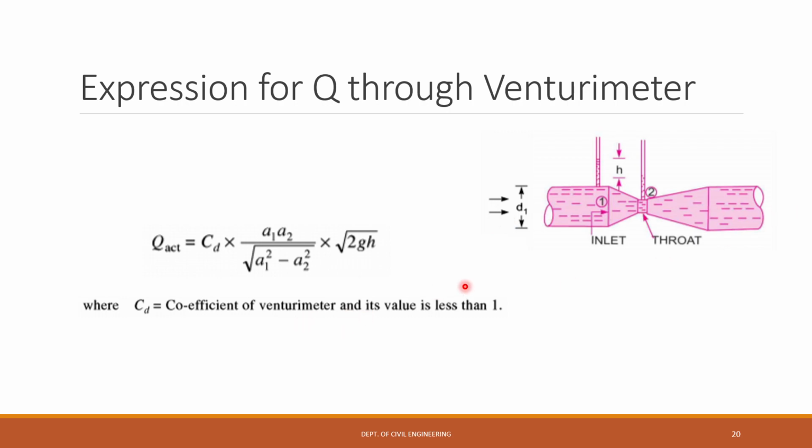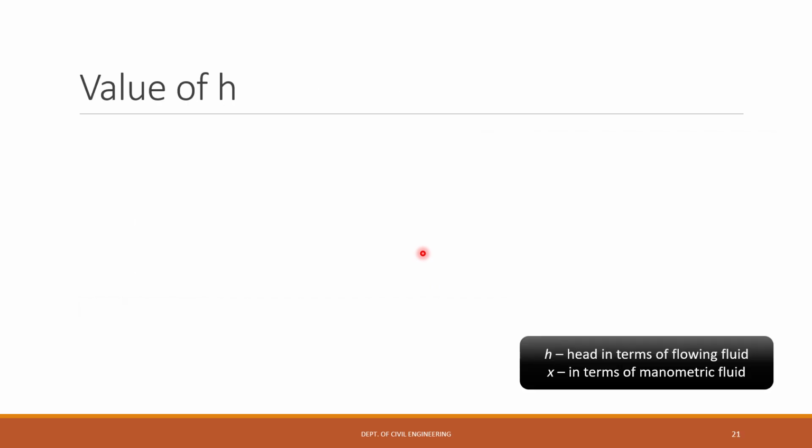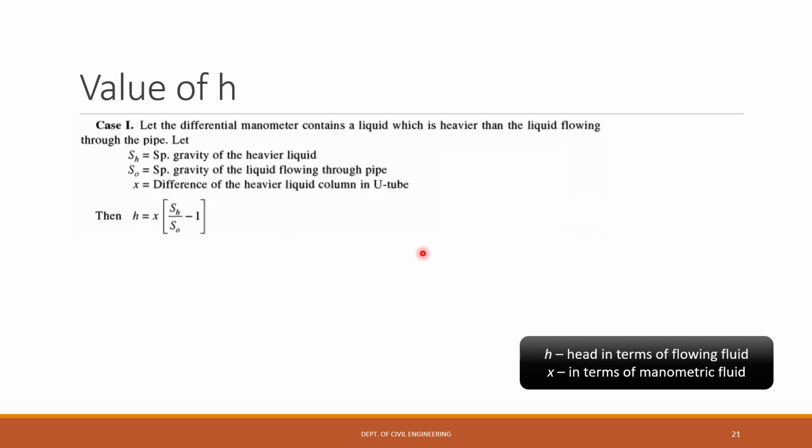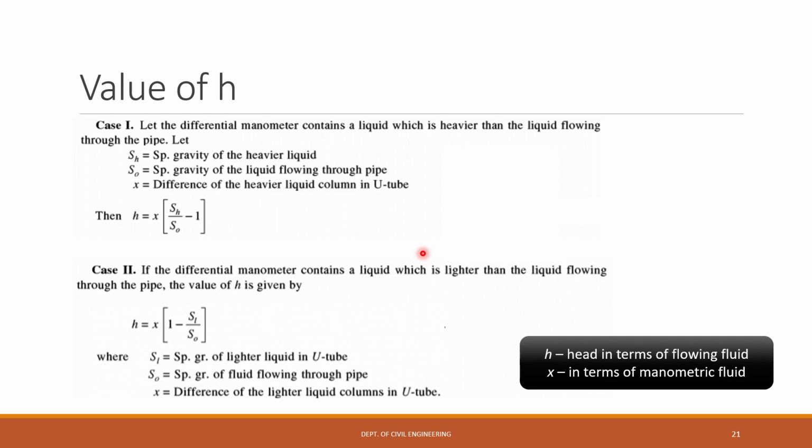So, we need to convert that into H. So, for that, we have certain formula. Regarding value of H, we have different cases. Case 1, case 2. First two cases are applicable to venturimeter when it is horizontal.